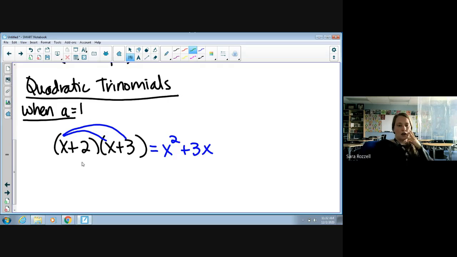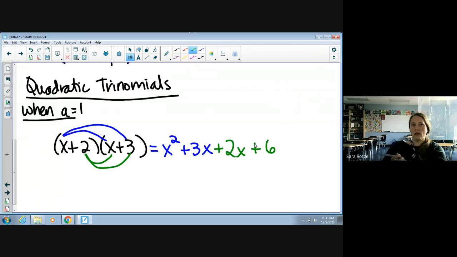Okay. All right. So now we're going to move on to the 2. We're going to do 2 times x and 2 times 3. So 2 times x is 2x. And what is 2 times 3? 6. Thumbs up if this rings a bell, if you remember doing this from your other math classes, your double distributing or your foiling.